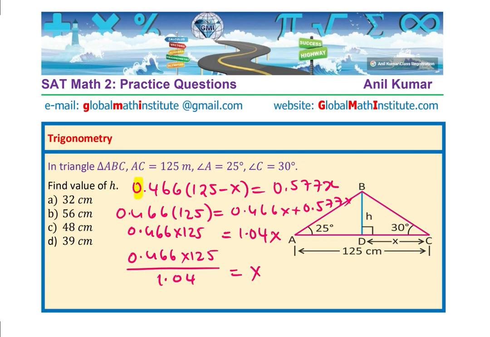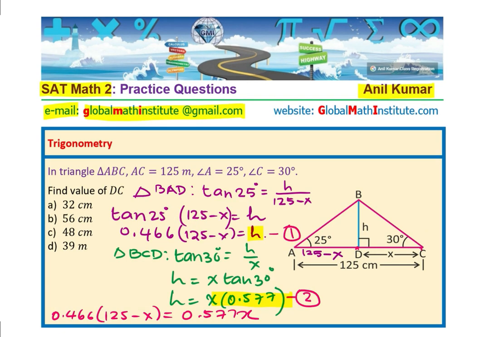So let's do it. 0.466 times 125 divided by 1.04 gives me 56.00, which is option B. Oh, that is for X. So we'll go to the previous page. So we found that X is equal to 56, which is option B for us, correct?